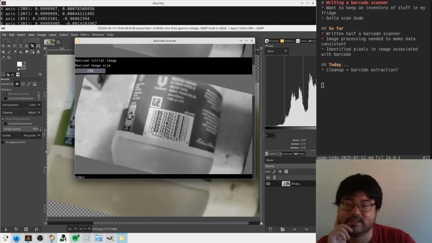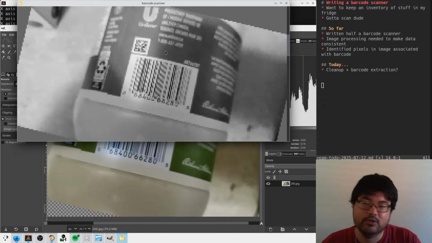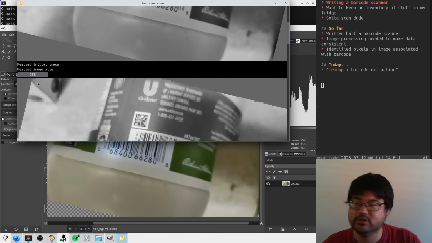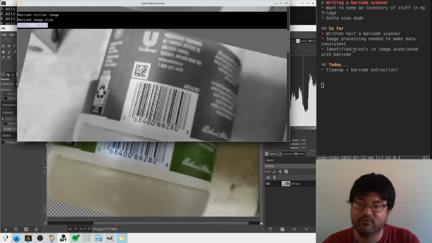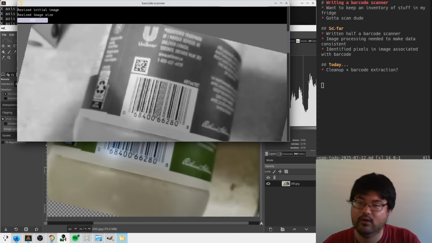Ah, but you can see there's aliasing here, which could be causing issues. There are vertical scan lines here, which aren't in the original. So I wonder if this fixes itself if we increase the resolution till those go away.